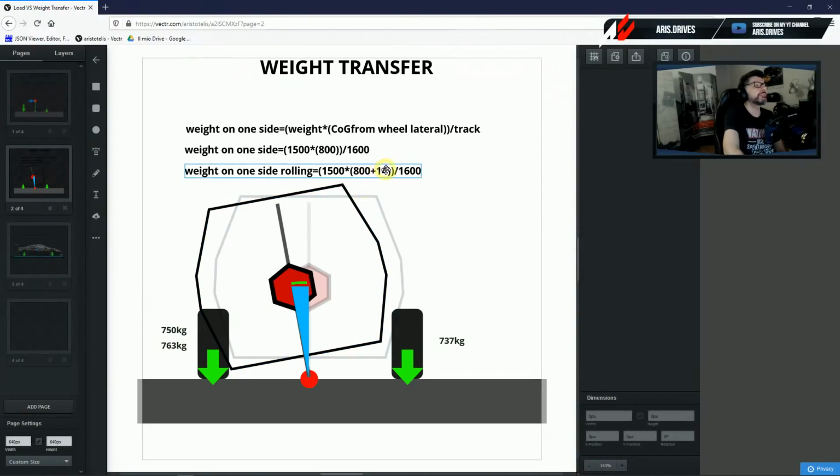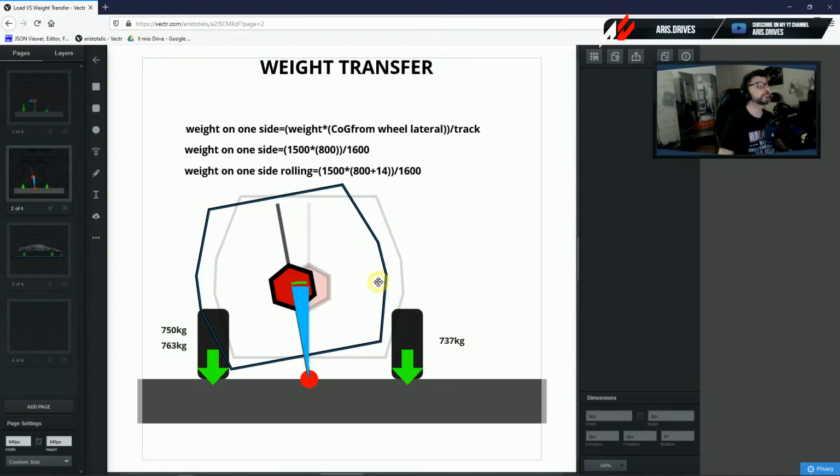Obviously, if you have something much wider in roll, so let's say that you have a street car that has 10 degrees of roll, then things start to become much more important.